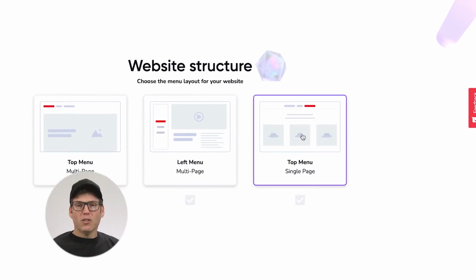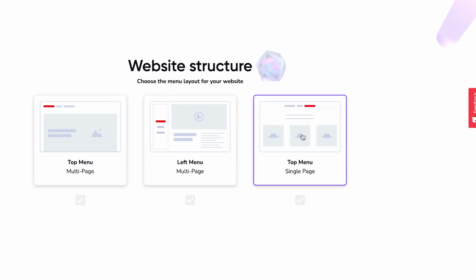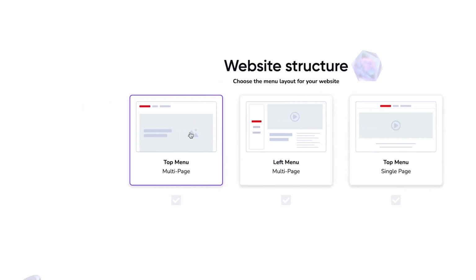So this particular style of website, the menu links to anchors on the page, and that means that if you're, for example, building out a website for a tradesperson and they want something really simple, just a one-pager, it will navigate to different sections on the page. But if you want a more traditional website, then I would encourage you to go with the multi-page website. It doesn't cost any more, and it means that you can add additional pages later.